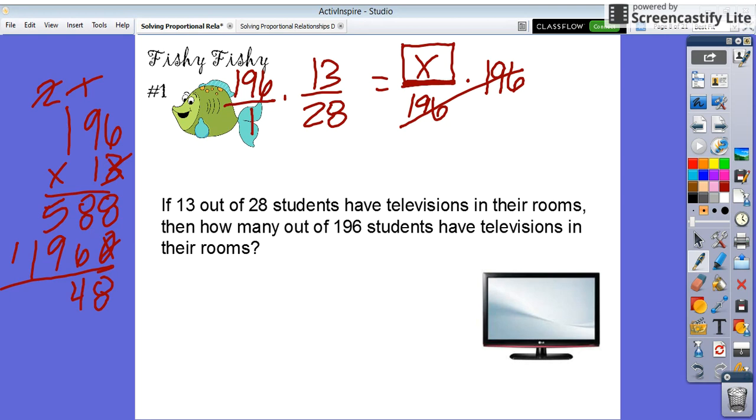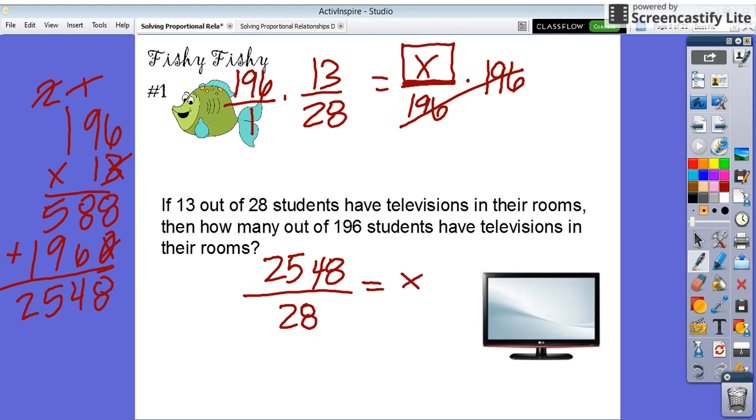And then this is what we get. So we get 2,548. Make sure you work this on your paper, so you might need to stop the video to work that out. And then I would do 1 times 28 is 28.